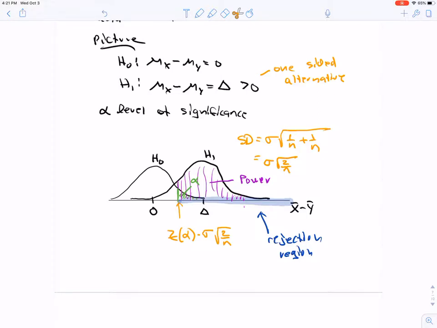If it was normalized, the rejection region would be to the right of z alpha. If I were to normalize this, subtract 0, divide by the standard error, then the cutoff would be z alpha.